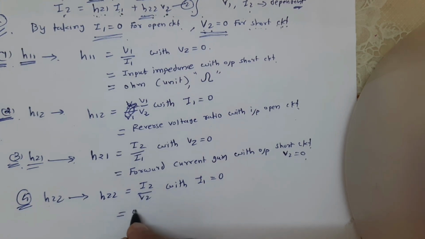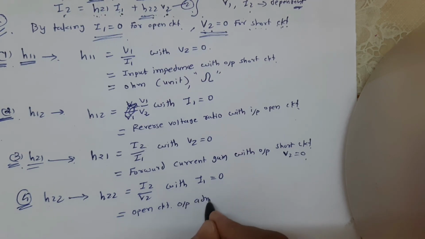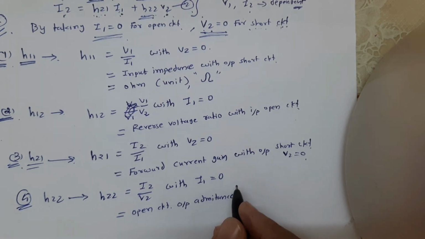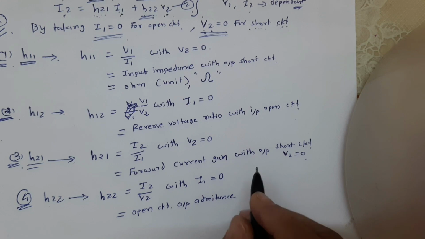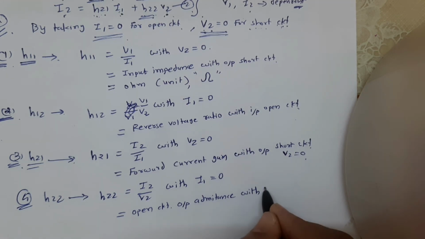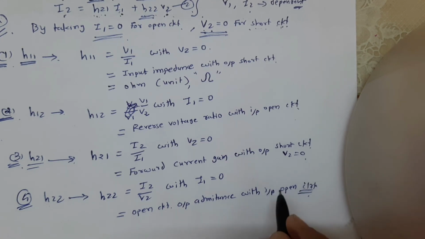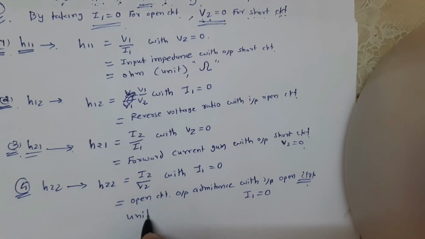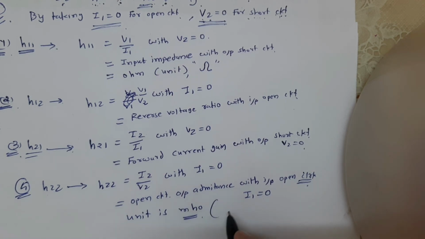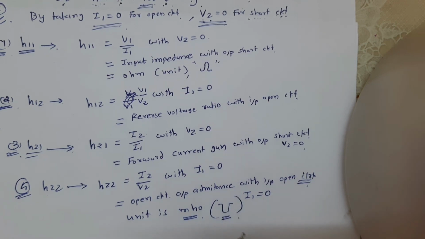It is known as output admittance with input open circuit, that means I1 is equal to 0. Admittance is the reciprocal of ohm, 1 upon ohm, that means mho. The unit is mho, and it is symbolized opposite of ohm.